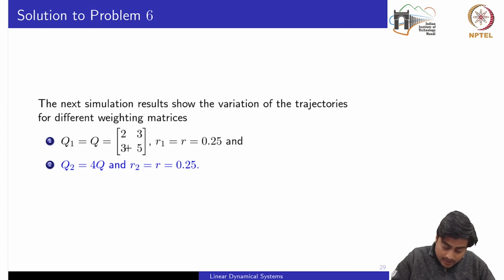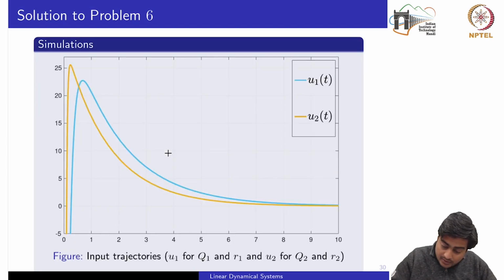Okay, so by putting this Q1, Q2, R1, R2, we simulated the scenario, and this blue signal is U1 and this orange signal is U2. So as we have predicted, U2 is more aggressive, because the state trajectories need to reach 0 as fast as possible.